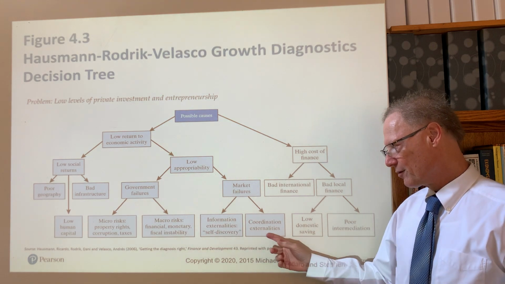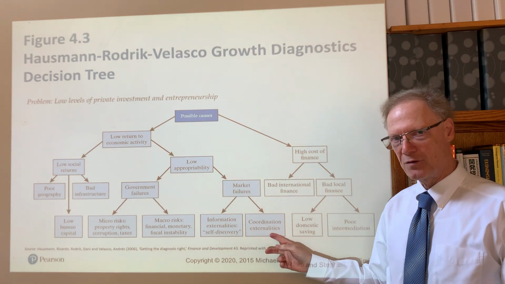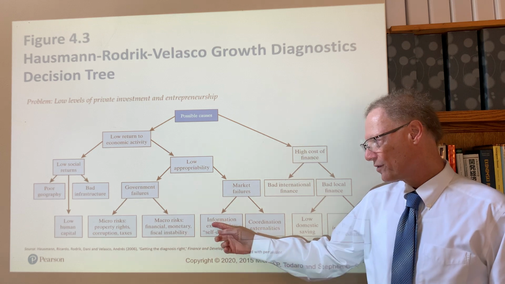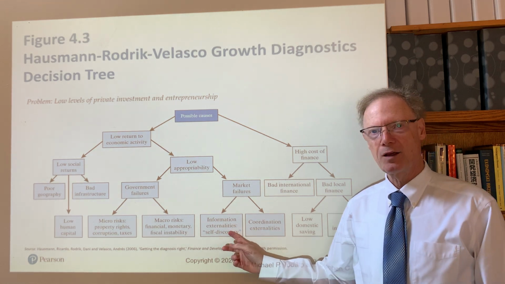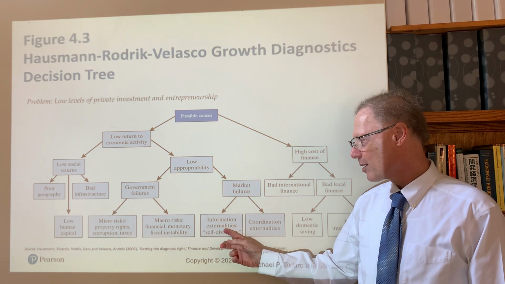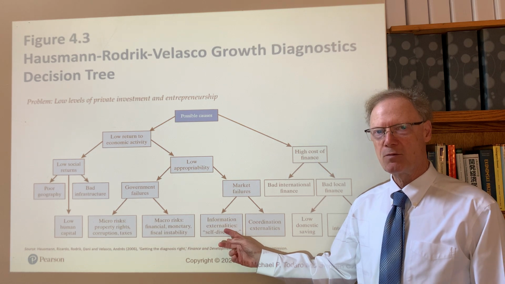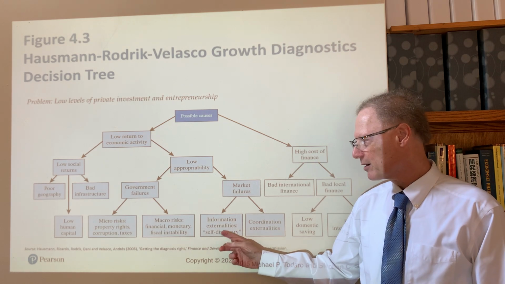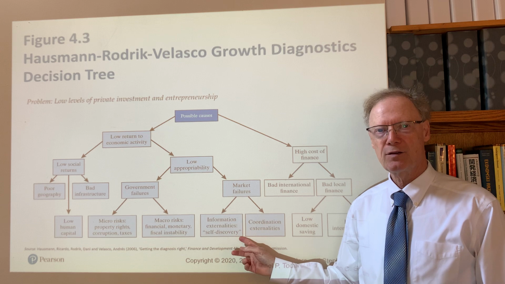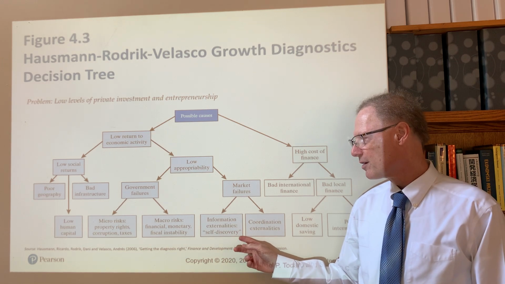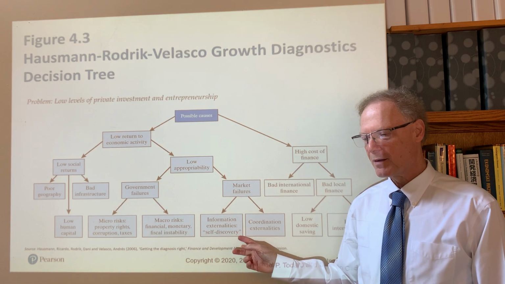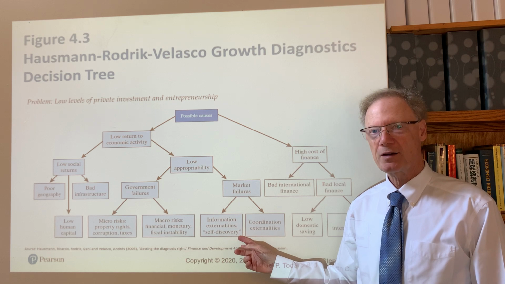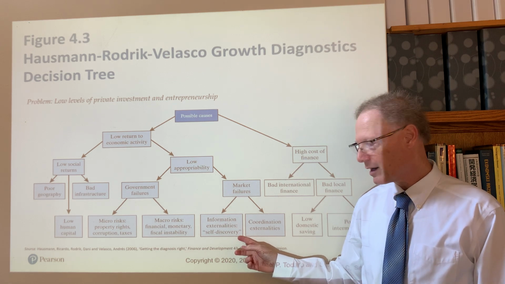And the 2 kinds that are identified by these authors for special attention are first, information externalities. Information problems is key in many ways for problems in economic development. Here they underline the self-discovery problem, the problem of the country determining the activities in which it has comparative advantage.